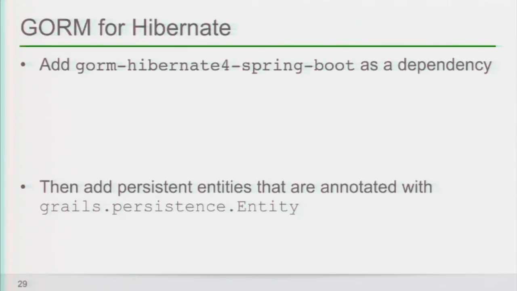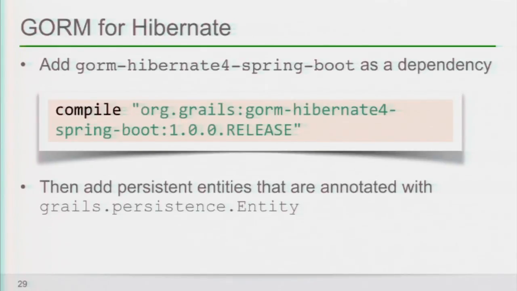So how do you go about adding GORM to a Spring Boot application? It's quite trivial. All you do is in your build.gradle, you add a dependency on the GORM Hibernate for Spring Boot jar.